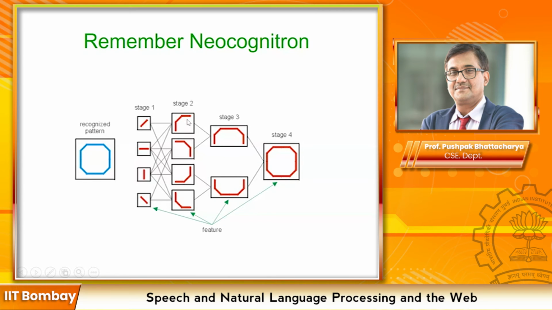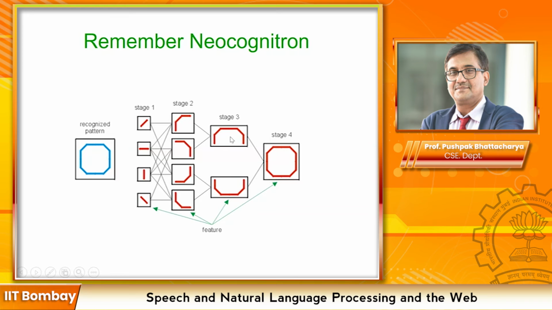Vertical, forward incline, horizontal, first neural block. Second neural block in stage 2 will do the recognition of horizontal, reverse incline, vertical. The third one will do horizontal, forward incline, vertical. And the fourth one, vertical, reverse incline, horizontal.